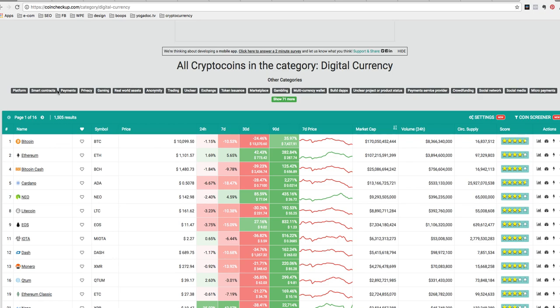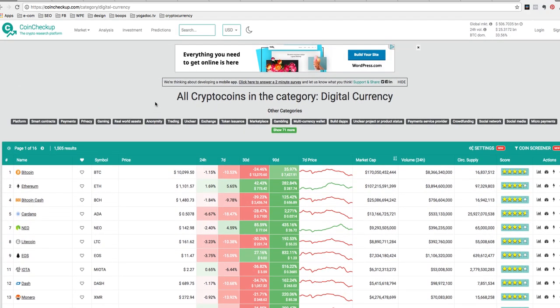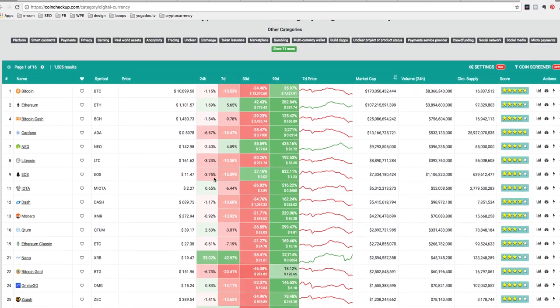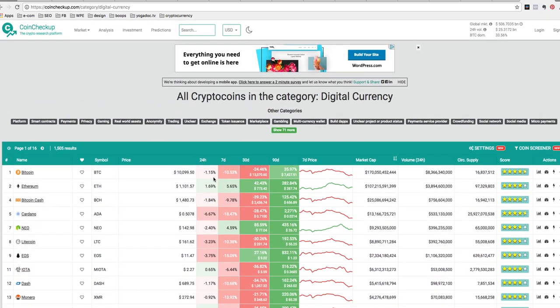It's got all these categories: platform, smart contracts, payments, privacy, gaming, real world assets, anonymity, trading, etc. It also allows you to look at these coins in multiple time frames, which I like too. But really, the most important thing is the categories.